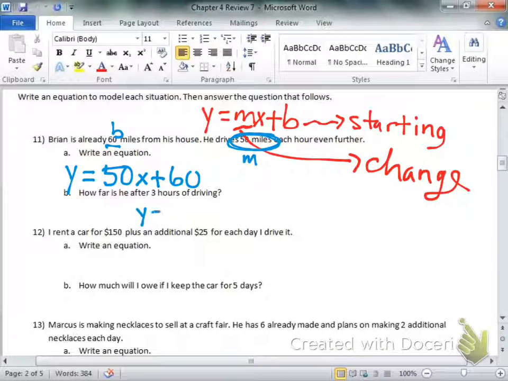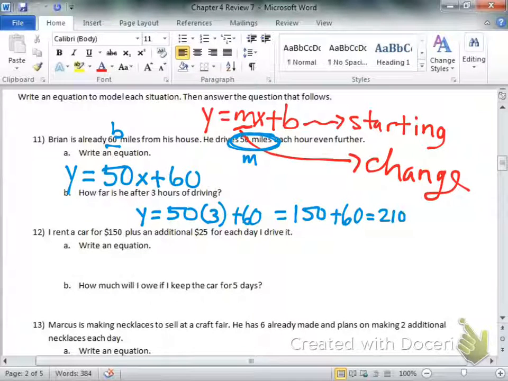Alright, so on part B, they give us hours. So that's going to go in for the x number. And then when you do the math, that'll give you how far he is after those 3 hours. So I have 50 times 3, that's 150, plus 60. So he is 210 miles from his house.